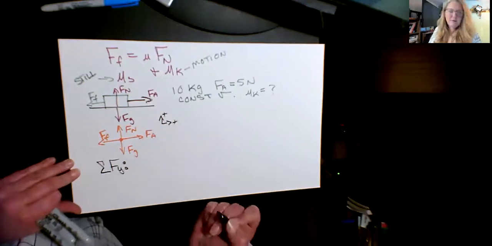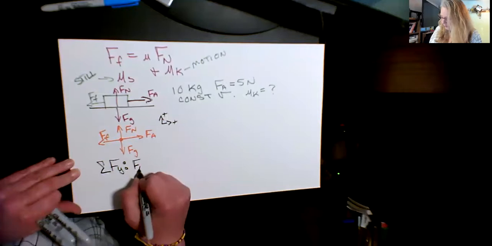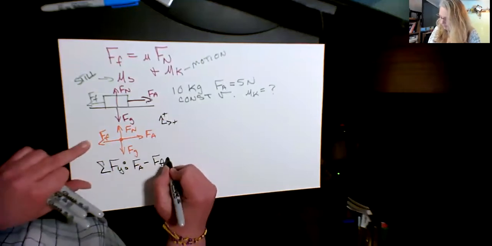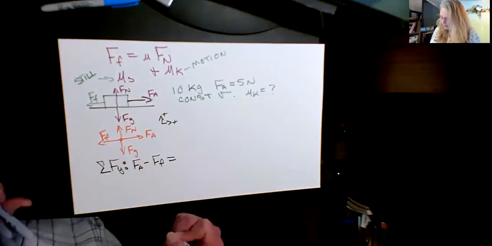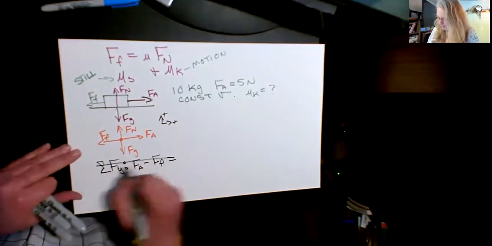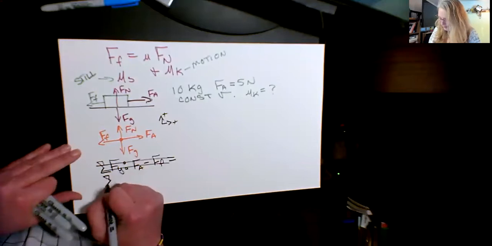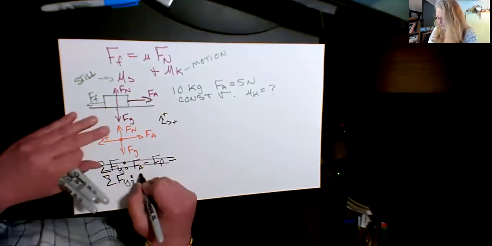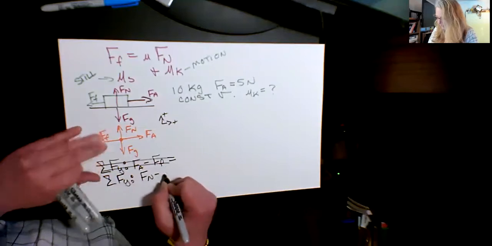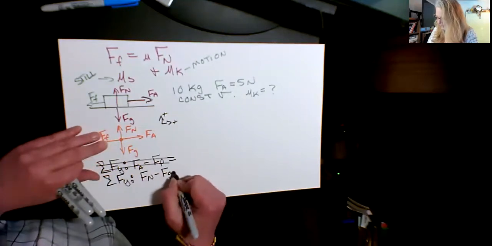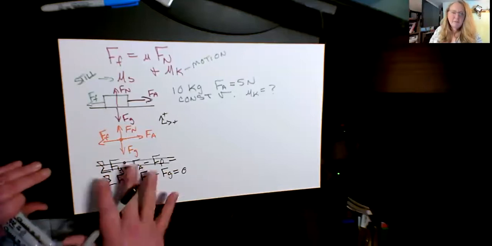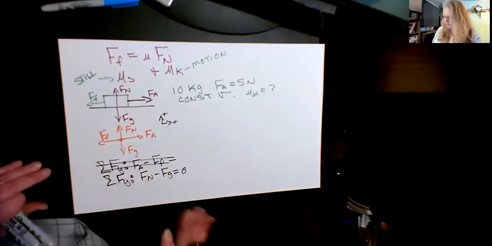Sum of the forces in the y is the force normal minus the force of gravity, and that equals 0. Not flying up in the air, not falling down to the ground, it equals 0.